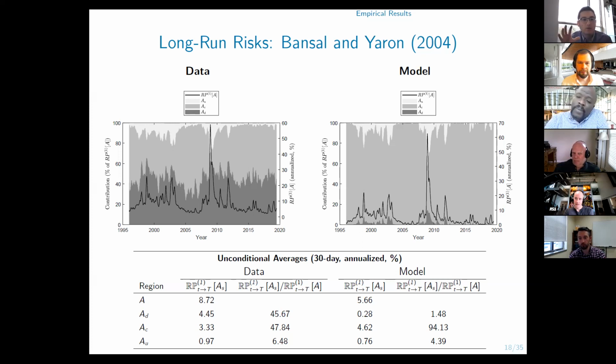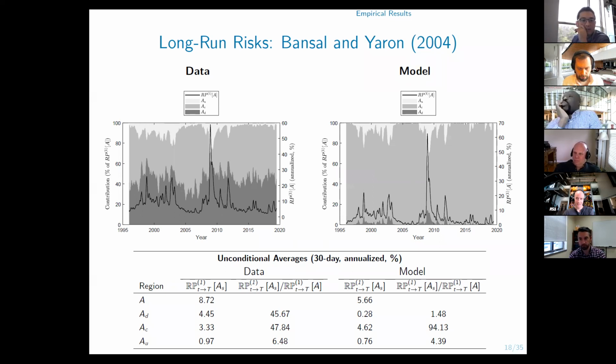The return data that we observe will never capture the true P density that investors face under a disaster risk model. So estimating that P from the data and comparing with the implied P from the model will never be the same because of the peso problem, right?